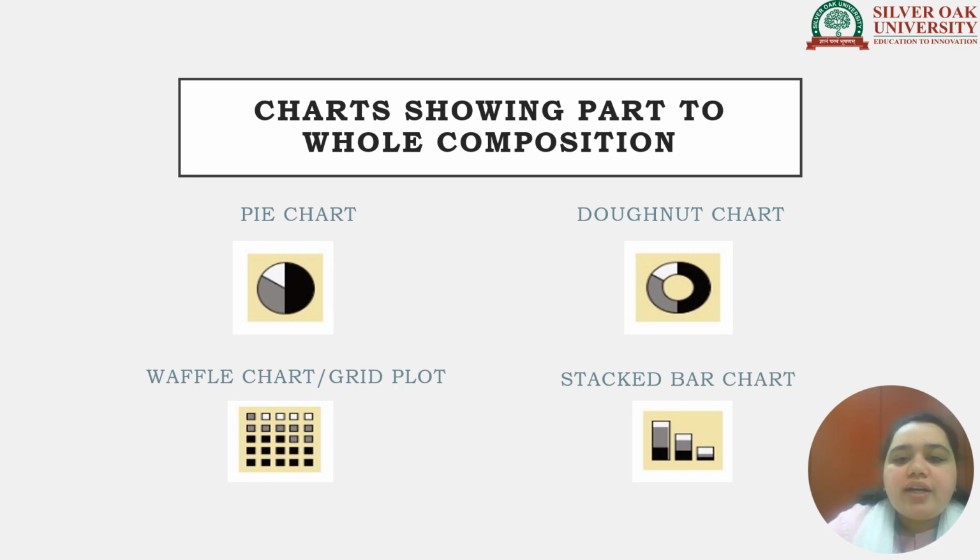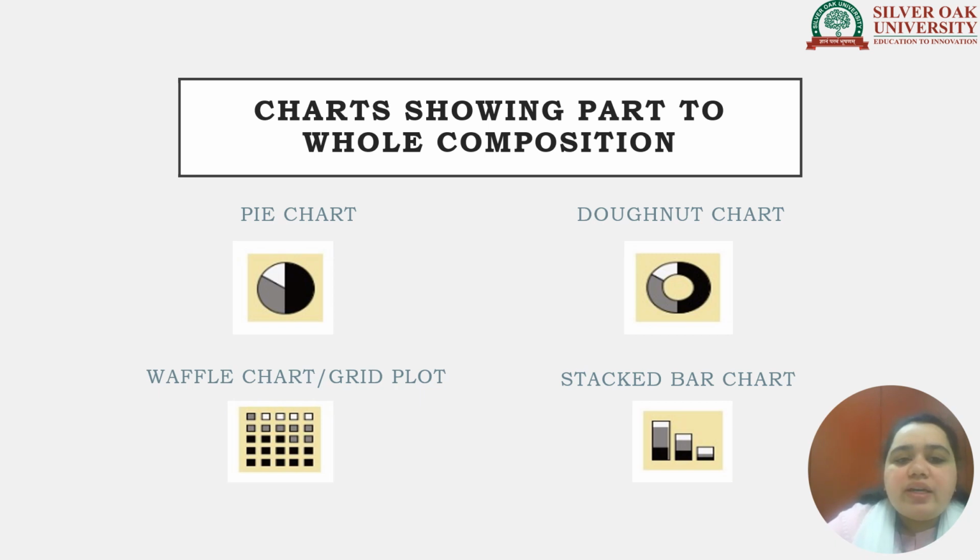A waffle chart is essentially a square grid where each cell represents a portion or percentage of the whole. These charts are great for displaying proportions like election results or the composition of a population.